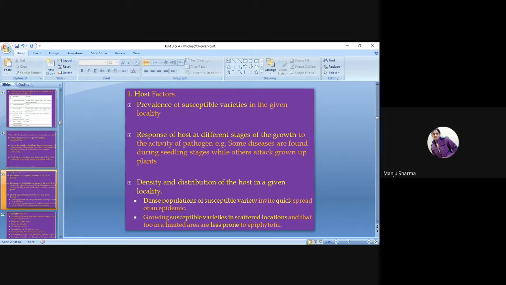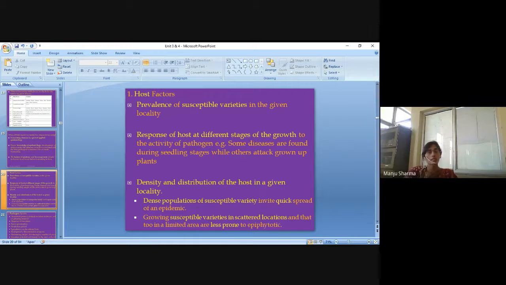So there is the prevalence of susceptible varieties in the given locality, and the response of host at different stages of growth to the activity of the pathogen.